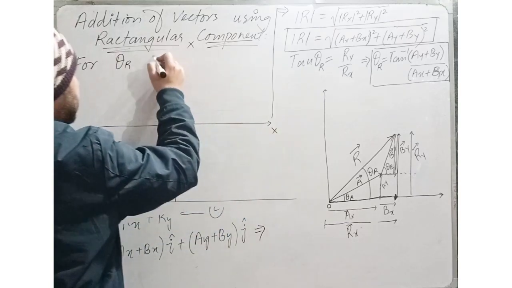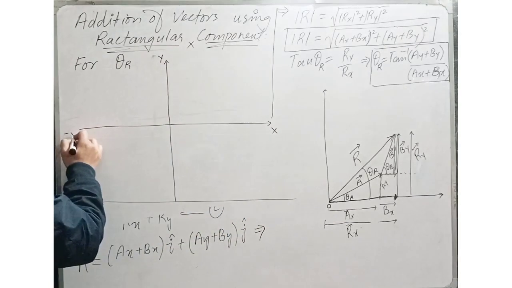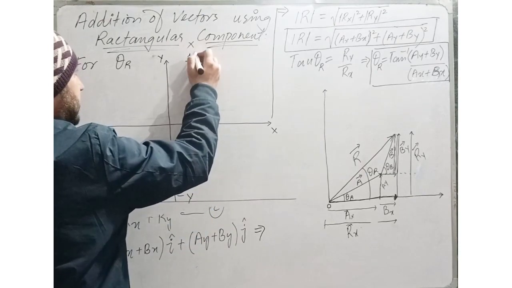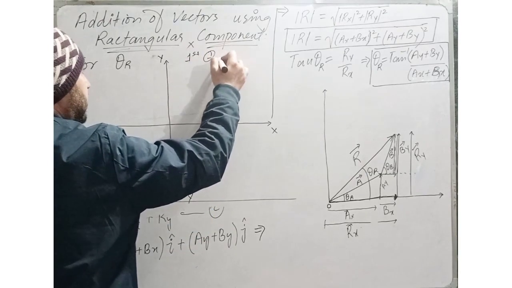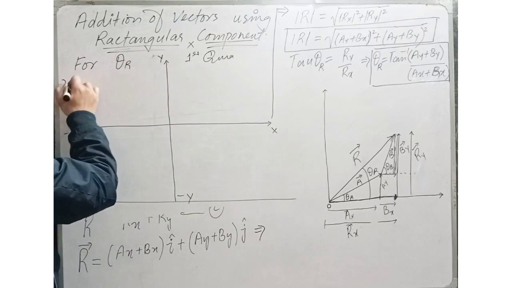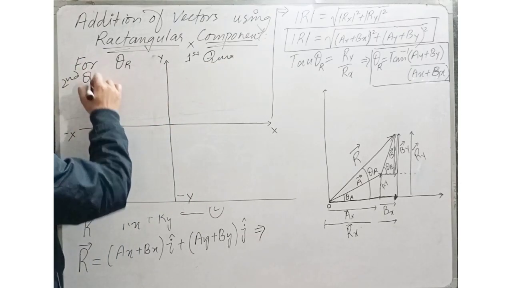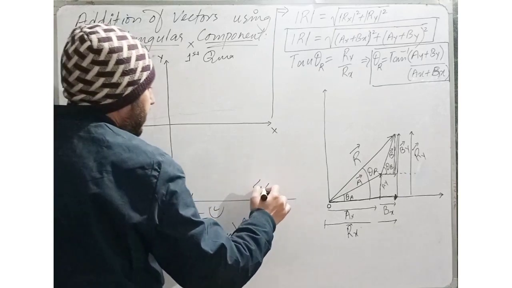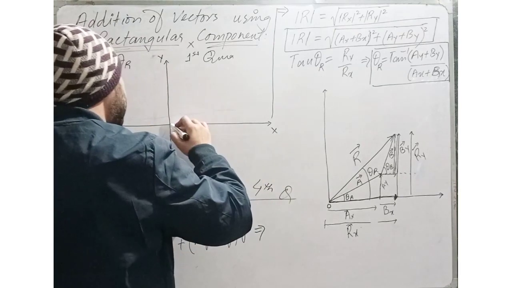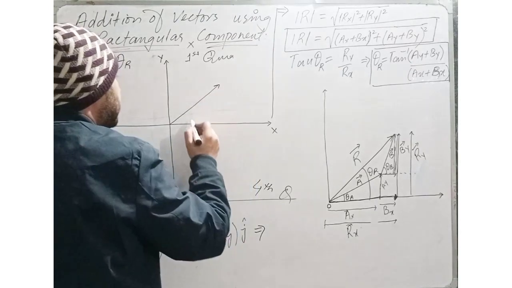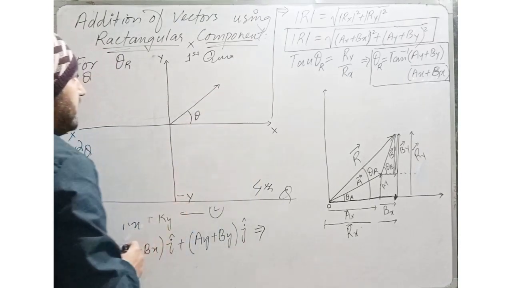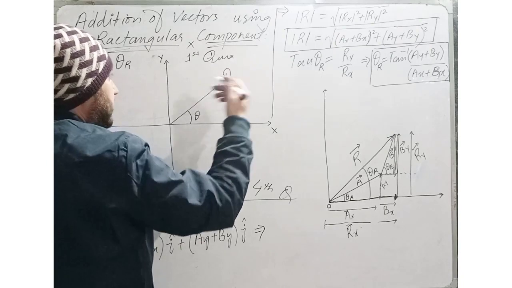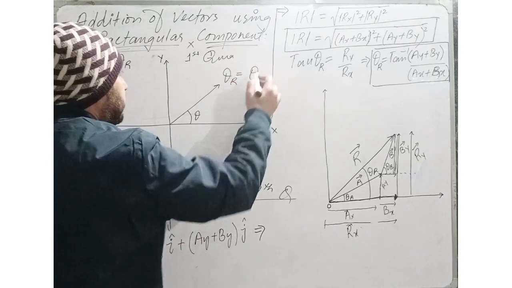So this is x, this is y, this is negative x, and this is negative y, right? This is the first quadrant. Okay, so this is the second quadrant, this is the third quadrant, and this one is the fourth quadrant. Okay, when a vector is lying in the first quadrant making an angle theta with the x-axis, then the angle of the resultant vector theta r would be equal to theta.